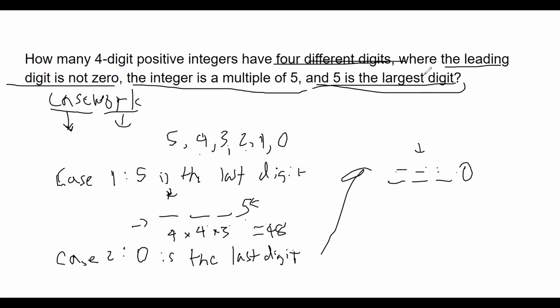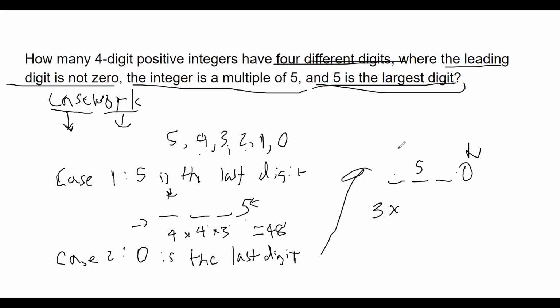And since 0 is already at the end, we don't have to worry about any zeros in the leading digit spot, so we can ignore that problem. Since there is a 5 in this number, and there are 3 different options for where the 5 is, let's just assume that the 5 is here. It doesn't matter. We'll just have this 3 denote the number of places to put the 5.